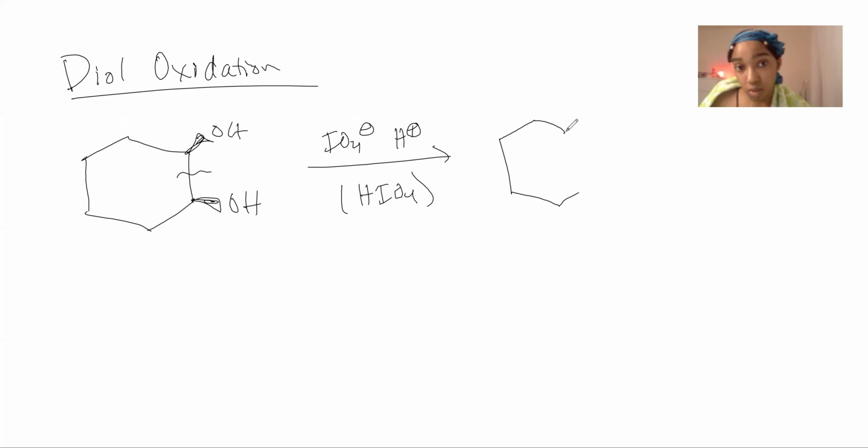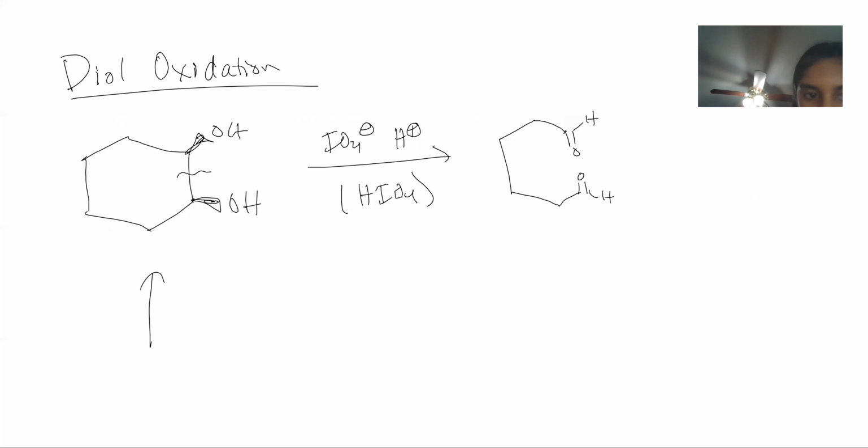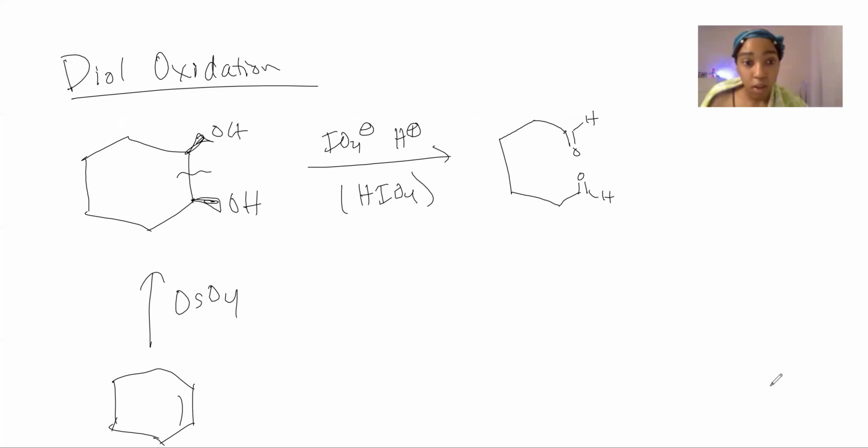Is that also just O3? I think O3 is for alkenes. This is specifically for diols. And then the formation of this would be OsO4. He said we did this in Orgo 1, but we did not. I think our class did.